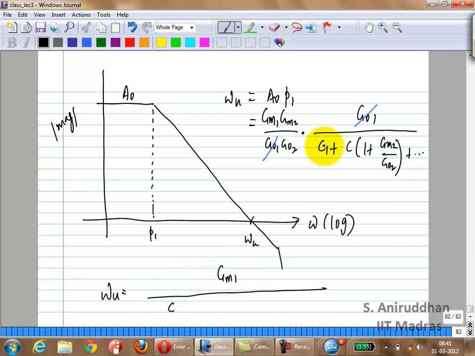What do you get here? Go2 or gm2 will get cancelled, so you do get a C factor plus, into gm2 plus some other factors.